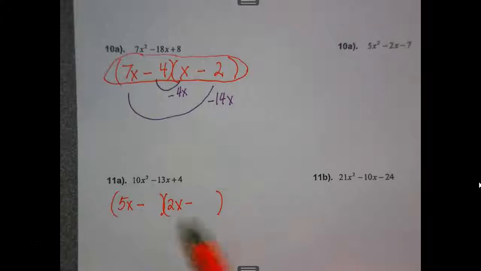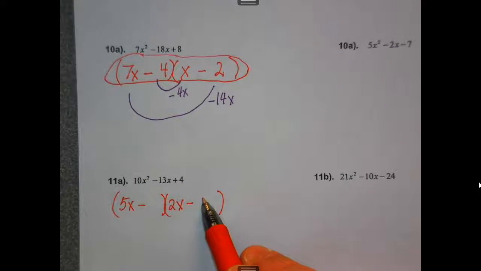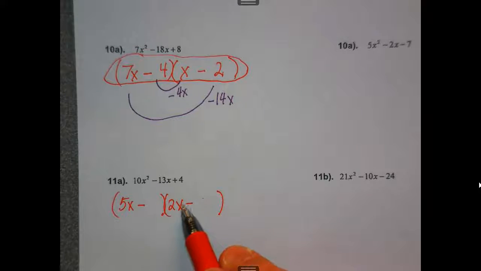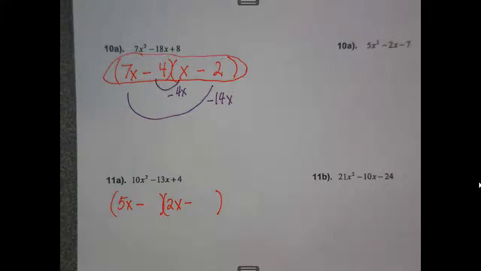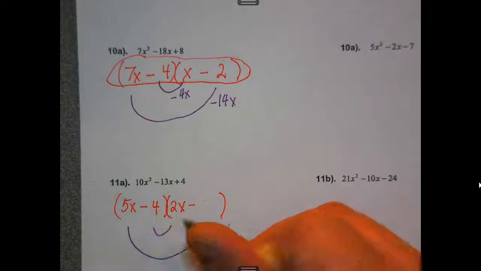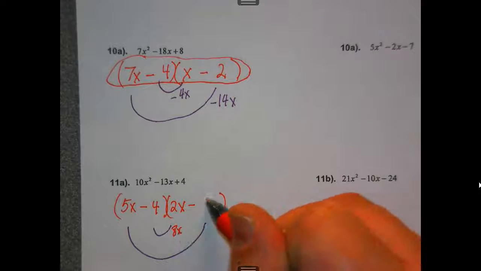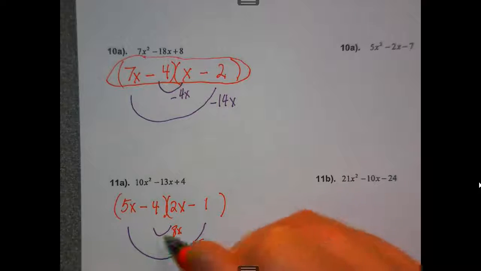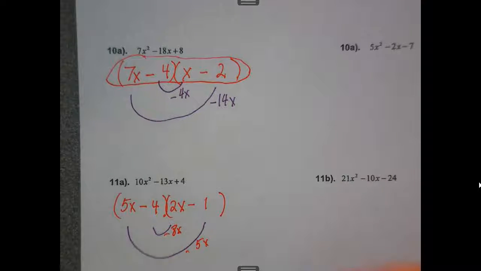If I put 2 here, it'd be 10x. 2 here is 4x, it's 14x. Yeah, it doesn't work. Well, the only other one is 1 and 4, right? You know what? 4 times 2 is 8x. 1 is 5x. Add those together, we get our negative 13x. That works.